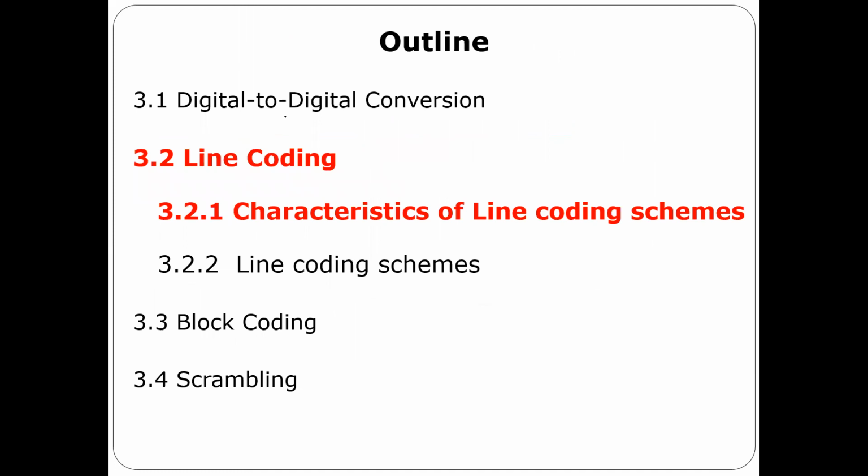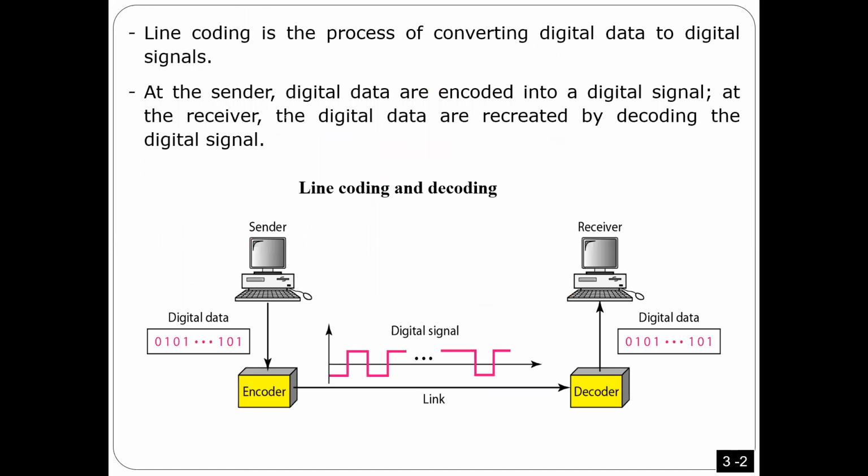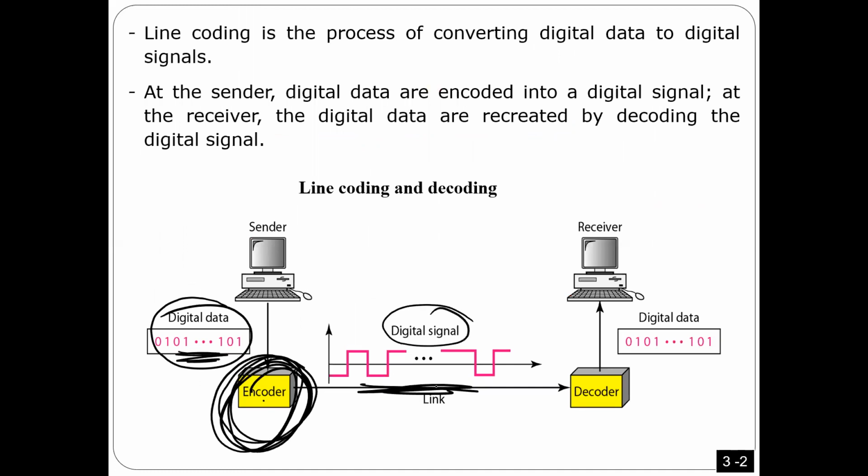So let's start with what we have to do here. Number 1, all I have here is digital data, 1010. Now if I need to design what we call an encoder, the input of this encoder is digital data and the output is a digital signal, voltage.